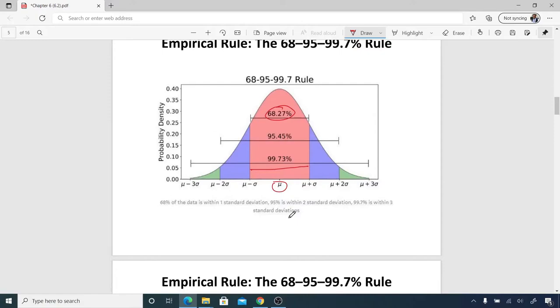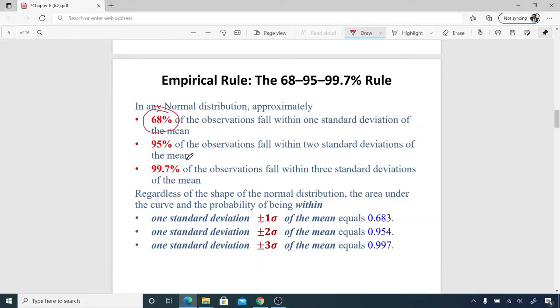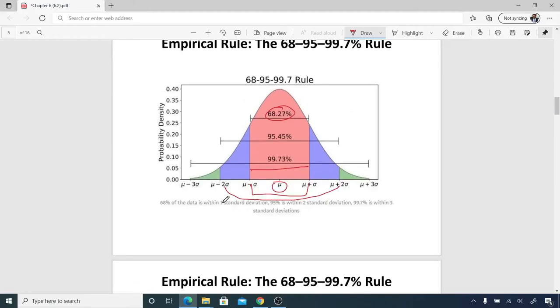Similarly, this is mu plus 2 times sigma, meaning the mean plus 2 times the standard deviation, and on the left side, the mean minus 2 times the standard deviation. About 95% of the observations fall within 2 standard deviations of the mean.